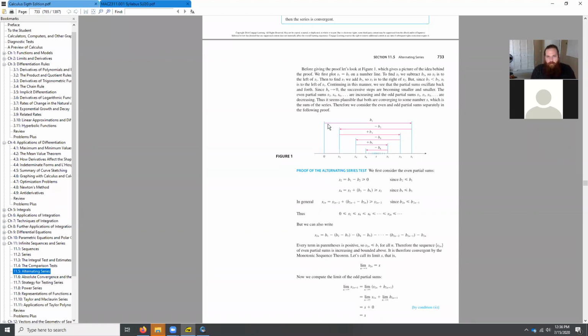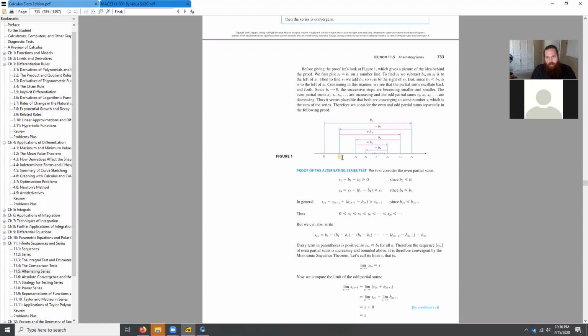Here's the distance B1, jumping you from 0 to S1. And then B2 is subtracted, jumps you back. So the distance from here to here is smaller than the distance from here to here, and that distance is B2.